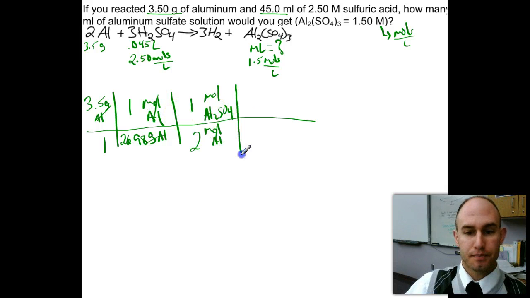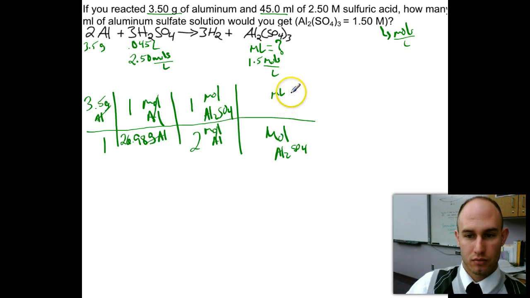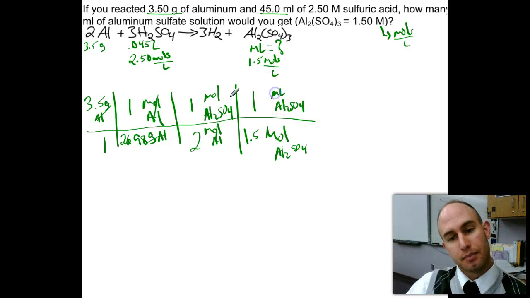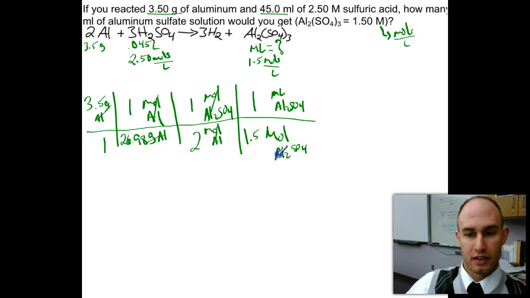Cancels my moles. Bring down moles of Al2SO4, and I'm going to milliliters of Al2SO4. And really up here, this is 1.5 moles per liter, so really it's liters if I use 1.5 moles to 1 liter, and then I'll just convert my answer back to milliliters in the end.